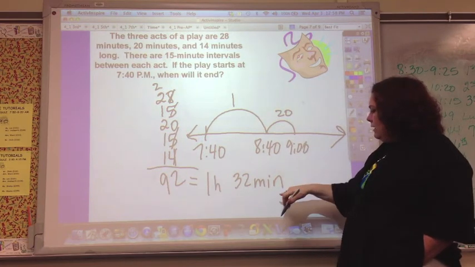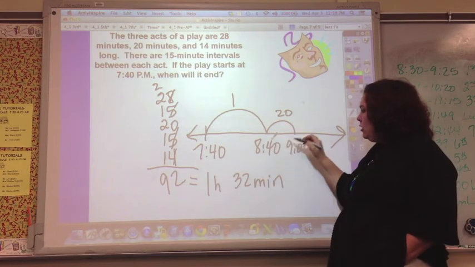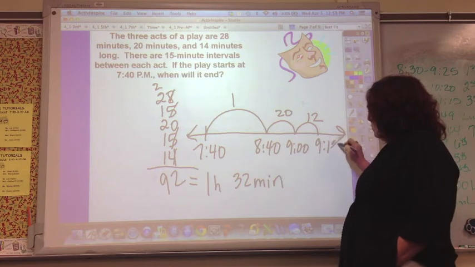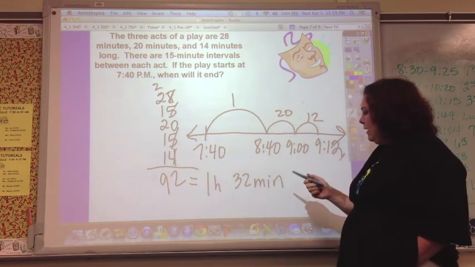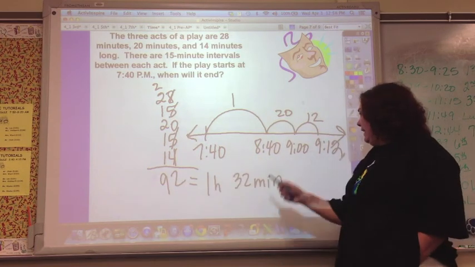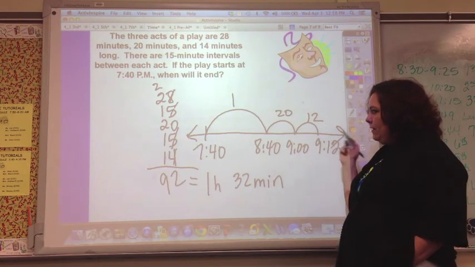And I need 32 minutes. So 20 minutes, 32 minus 20 is 12. So just 12 more minutes. So that would put me at 9:12. And that's 1 hour, 32 minutes, which is 92 minutes. It starts at 7:40, ends at 9:12. So that's how you do it, lining up with the number line.